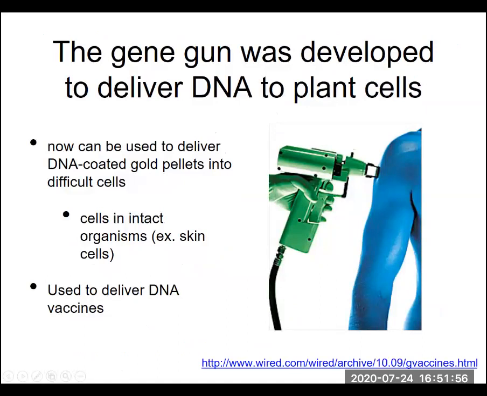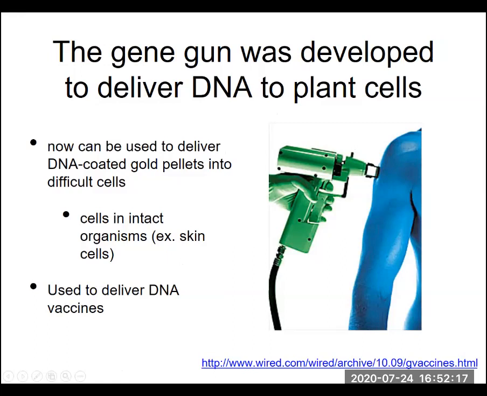Another way to do that, primarily within plants, but there is some work within humans, is to take our DNA, put it onto gold pellets, and then use what's referred to as a gene gun. It's basically a device that uses a lot of pressure and shoots these particles into the organism.